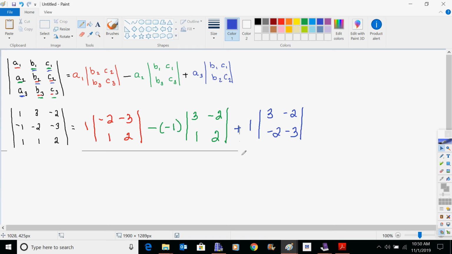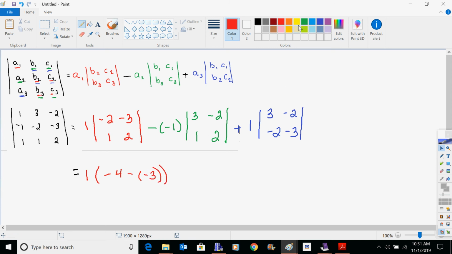All right, now we can go through and we can begin to actually simplify this. So here you're taking 1 times, we need to swoop down and around like this. So -2 times 2, -4, minus negative 3, which is 4 plus 3.